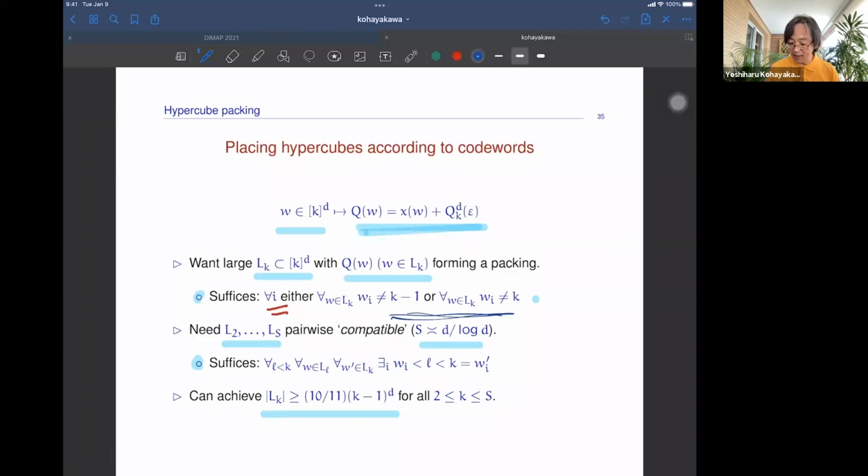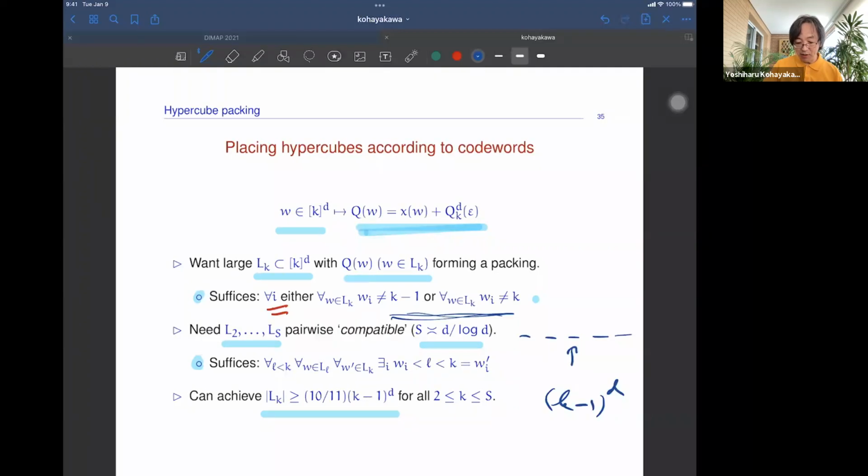That's not bad, because you're trying to write these elements of brackets K to the D, and in each coordinate you say, well, I avoid K or K minus 1. That's still K minus 1 to the D possibilities, right? Okay, so we do that.